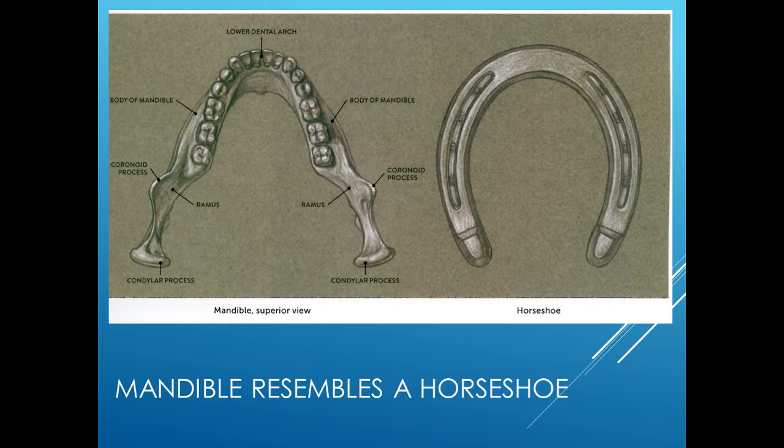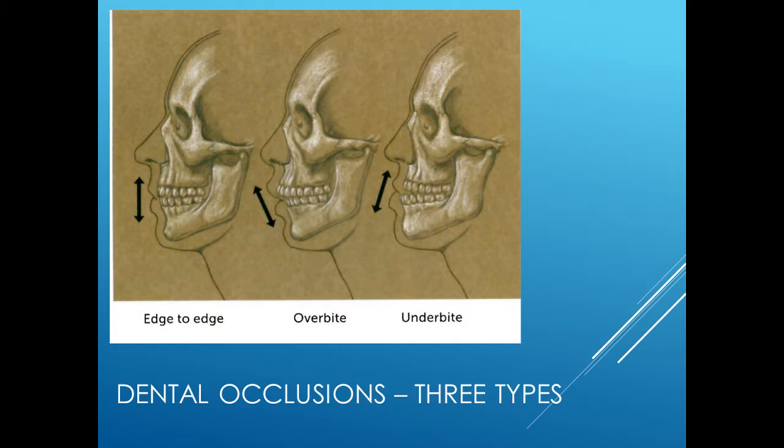Here's the lower dental arch, the body of the mandible, the coronoid process that we just saw on that last picture, the ramus, and the condylar process. It resembles a horseshoe. Not perfectly, because we get this wider body here in the middle where it starts to get narrower, but in general terms, it looks like a horseshoe. All right, let's go to the next one.